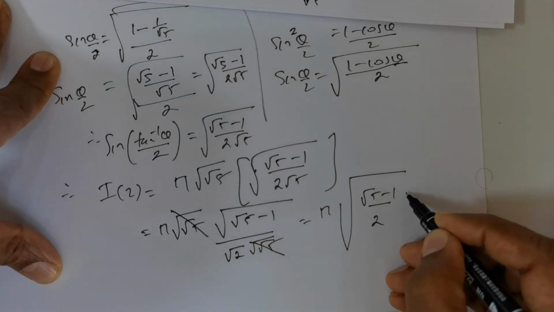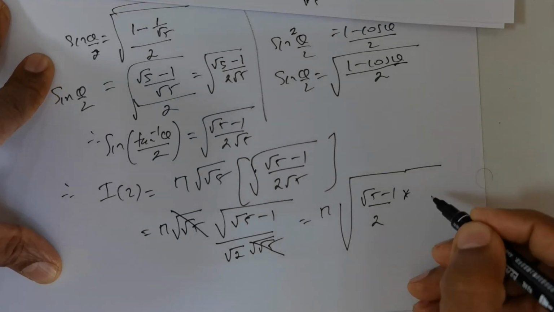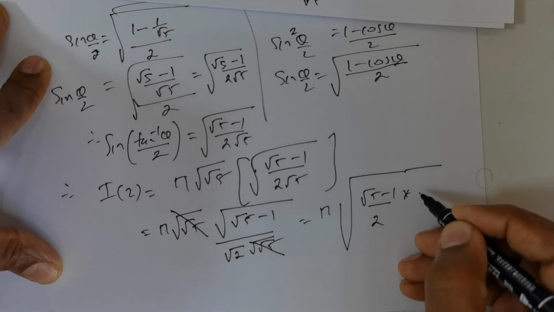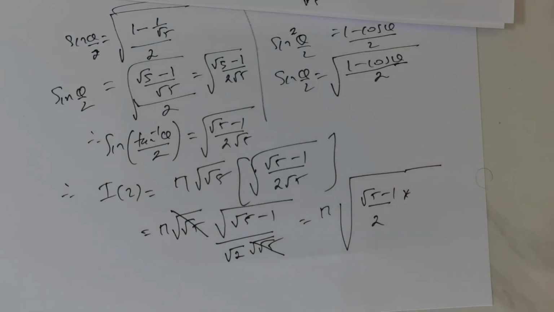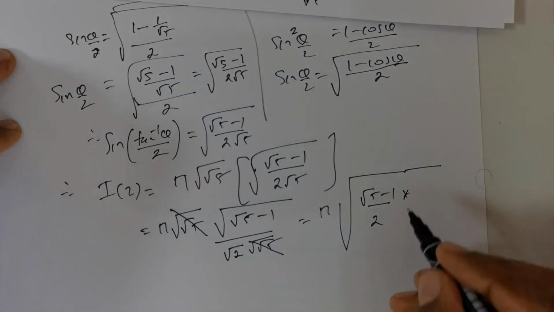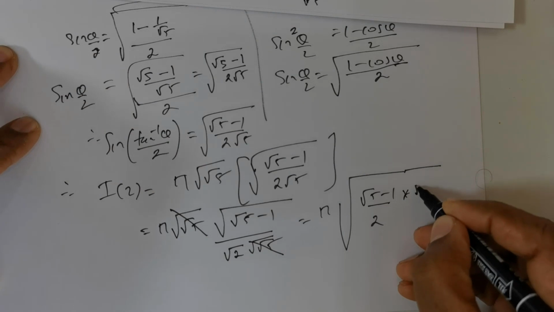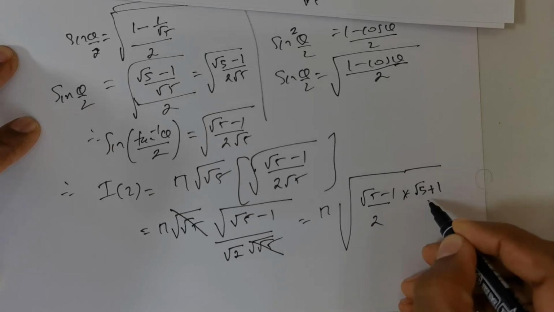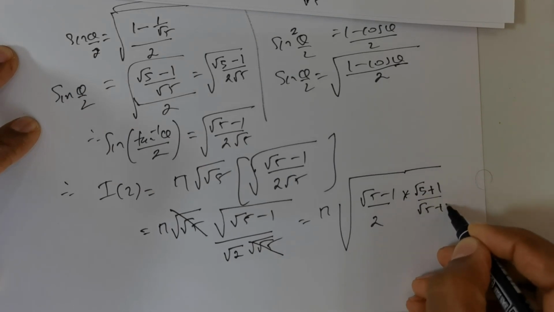Now if I were to rationalize this, what is the rationalization factor we can use? Say for example I want to multiply by root of 5 plus 1 and divide by root of 5 plus 1.